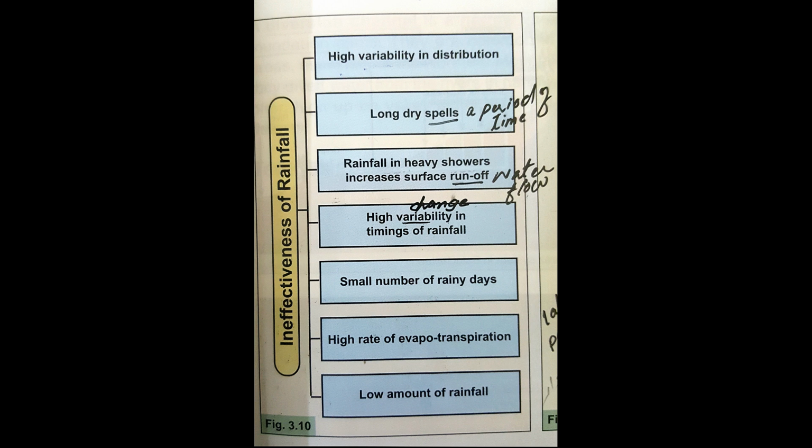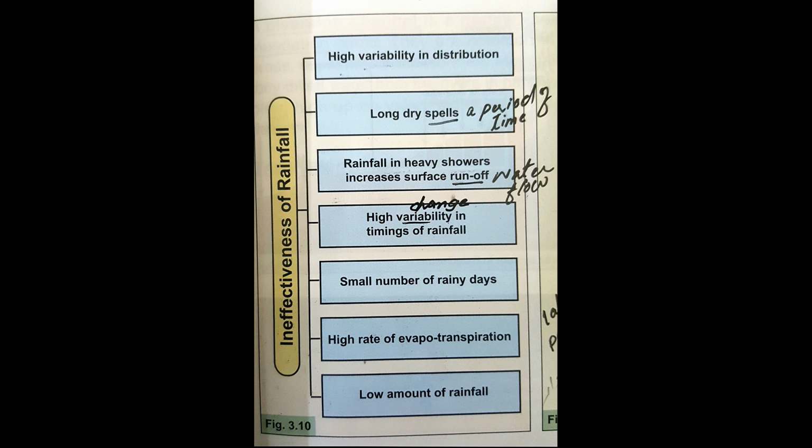Sometimes there is a small number of rainy days, even in the rainy season, so there is not much rainfall. The limit of days is very short. High rate of evapotranspiration. Students, evapotranspiration is the sum of water lost. And low amount of rainfall. It means there is a short amount of rainfall.